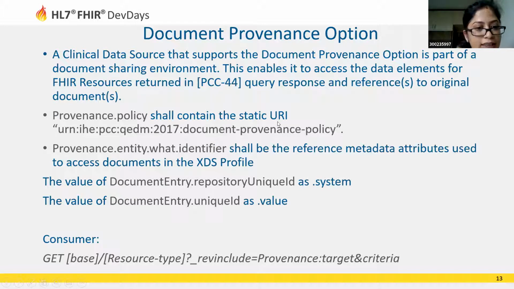Within the provenance FHIR resource, there are a couple of attributes, for example, the entity what identifier, a unique ID, which typically gets created when you store the document into an XDS network or system, and the repository unique ID. So one is the system and the other is the value. And that's how you actually build a link between your FHIR extracted or transformed data elements and the source document. And the FHIR consumers could query the provenance via a reverse include.